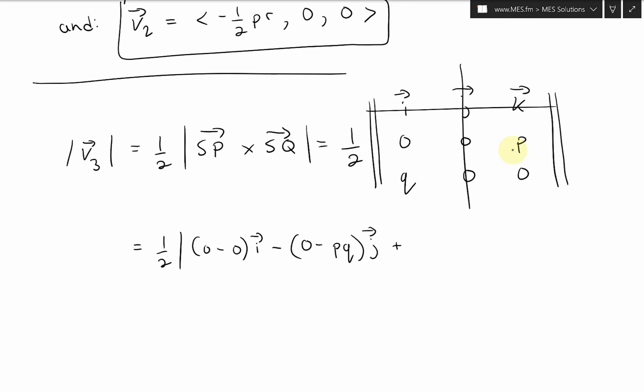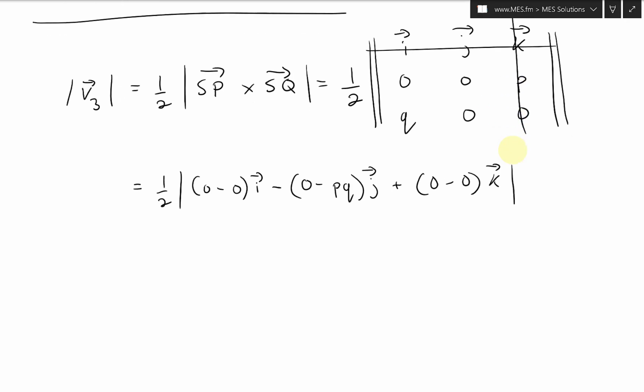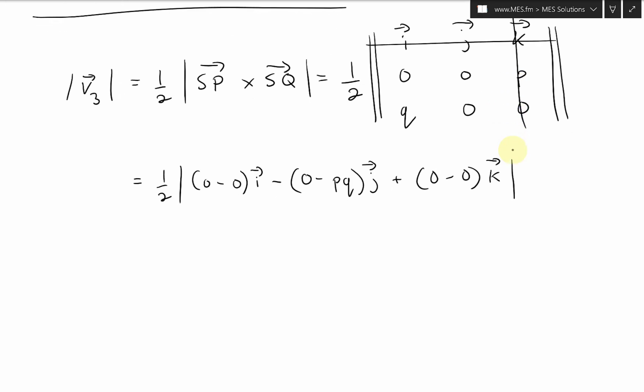And then the next one is plus, erase this line, cross this out. So 0 times 0, those are all just zeros. 0 times Q is 0. And that's the K component, like that. So we have this, and we have that. And then everything else vanishes, so we get 1/2, and then put the length like this.